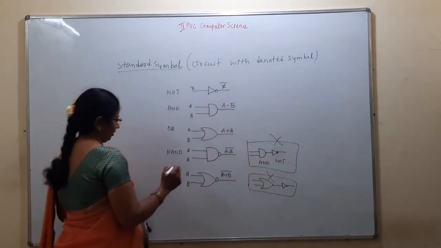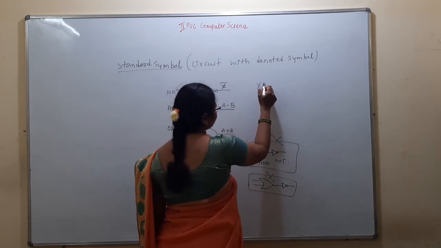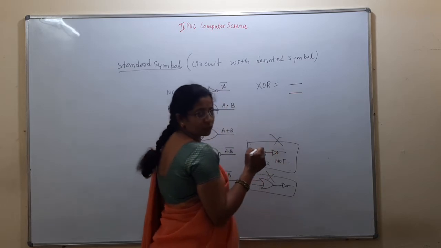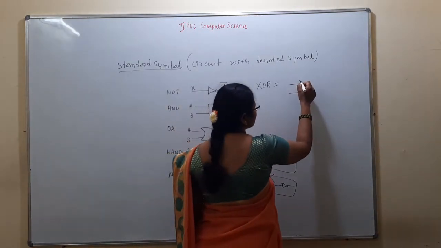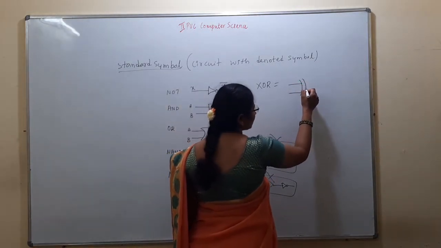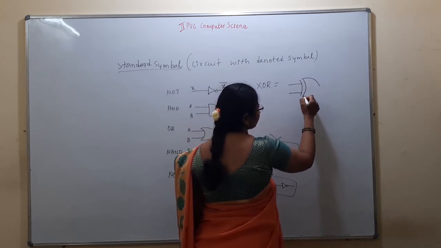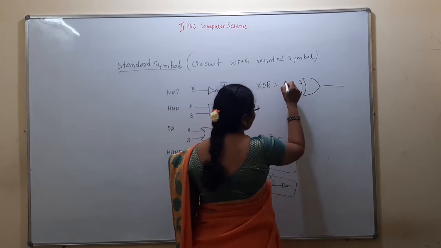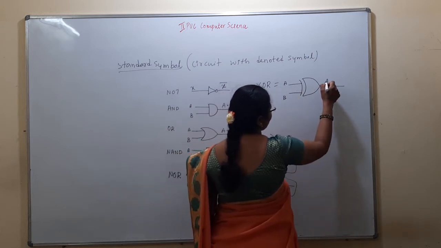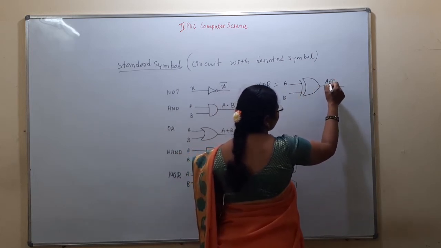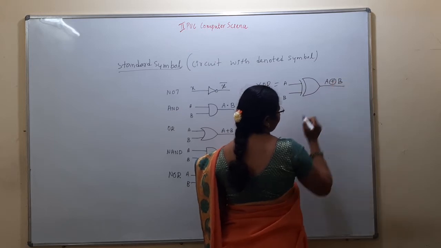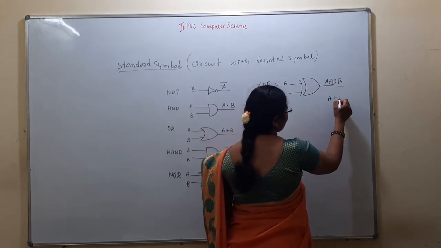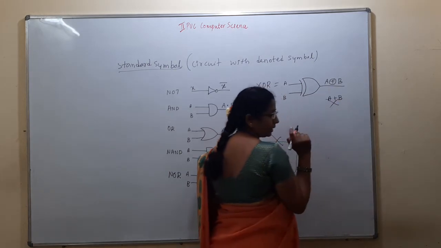Then come to your XOR gate. For the XOR gate, the input signals are given to the extended OR gate. And the symbol is, if you give A and B, A plus within that circle, B. Did you get it? If you do not write the circle, then you will not get the complete 1 mark.